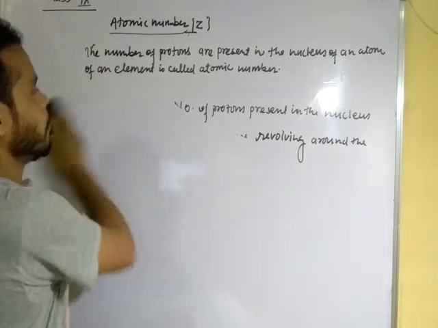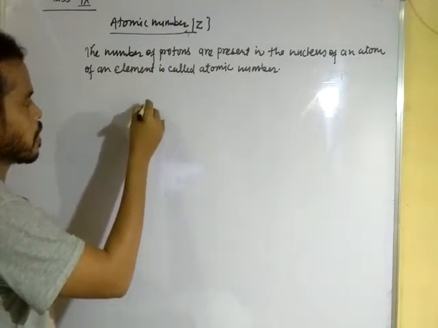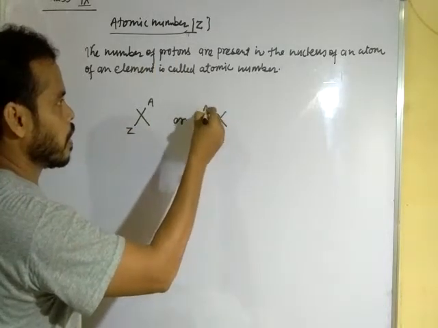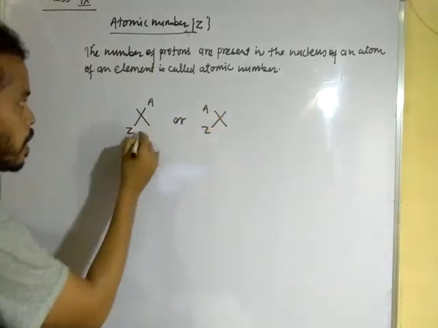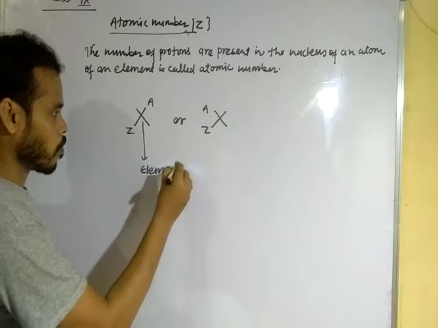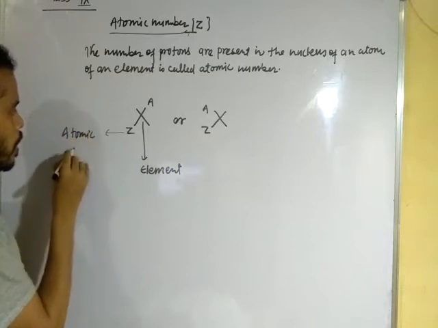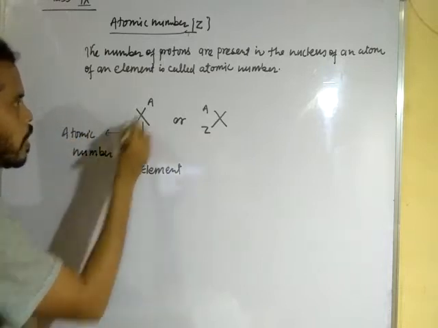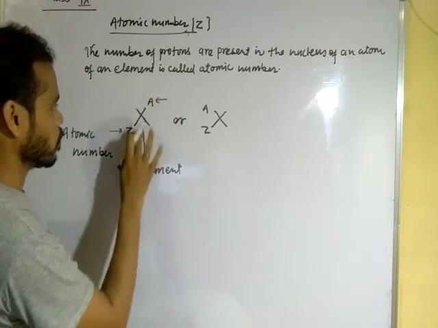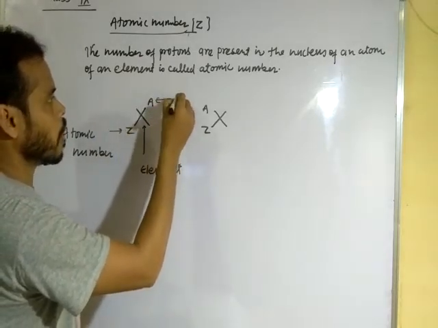Every element in the periodic table is represented like this: X with A and Z. This represents the symbol of the element, this represents the atomic number, and this represents the mass number.